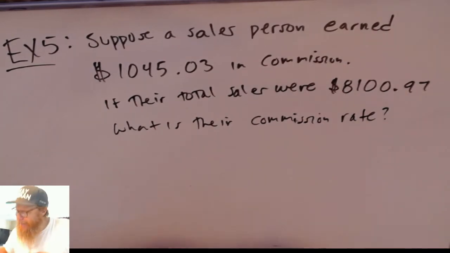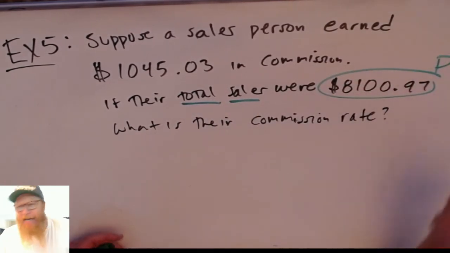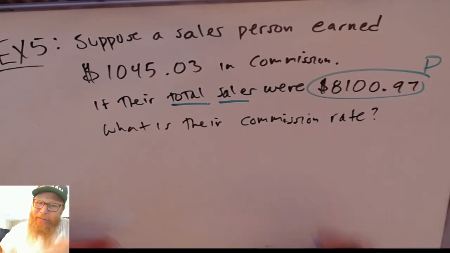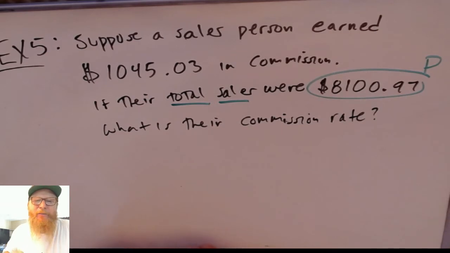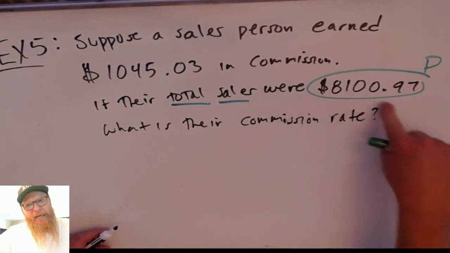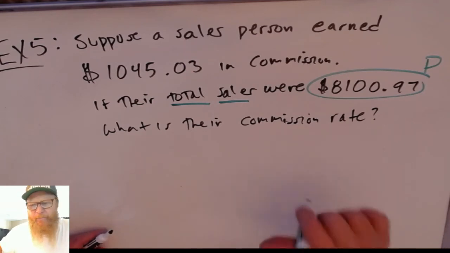So the total sales now, again, total sales is P, not S. Although you could use the letter S if you want, but then it might confuse the other formulas because it's using the same variable. We try to be consistent. I think of productivity. Yeah. How much did you produce for that company? You produced $8,100.97.